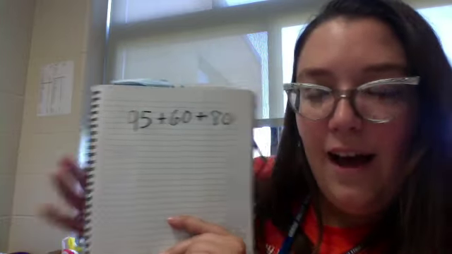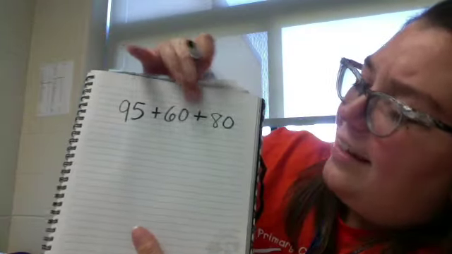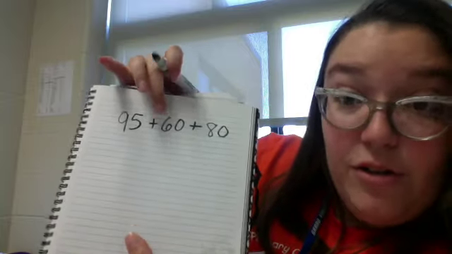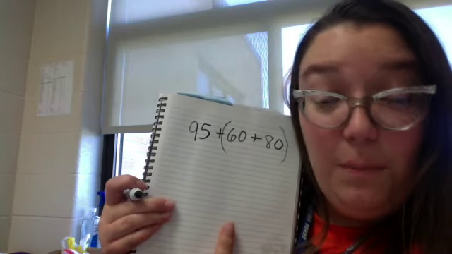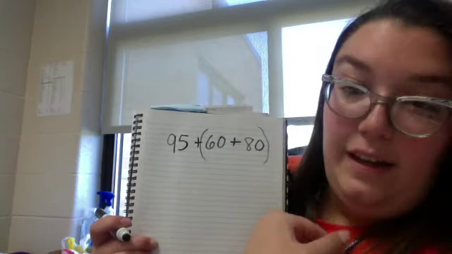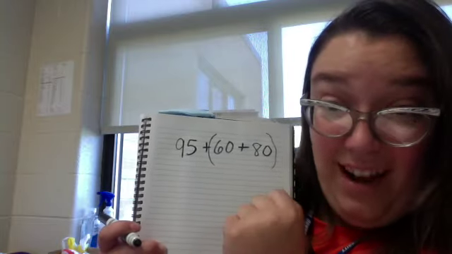Okay, we're getting down there. All right, next, since my 80 and my 60, those are 10 numbers, right? I think I'm going to put those in parentheses. So again, it does not matter what numbers I put in parentheses, but that's like my clue that I'm going to add those first. And that's what I want to add first, personally. Okay?